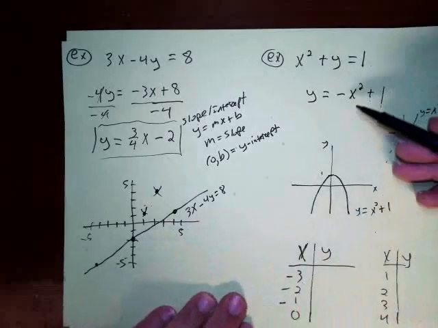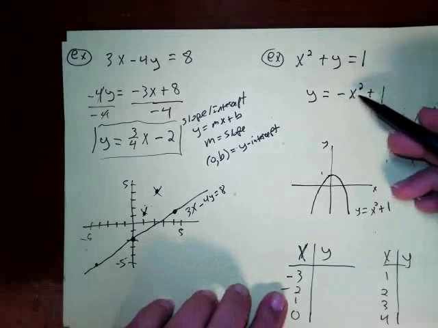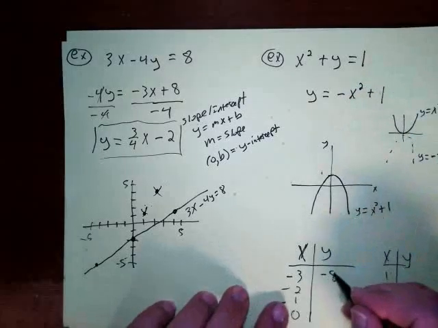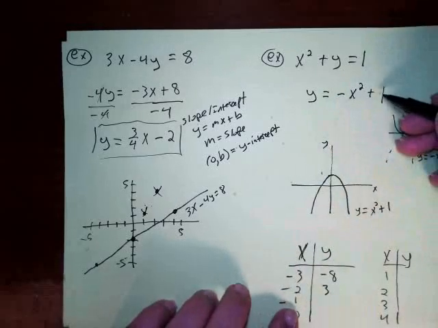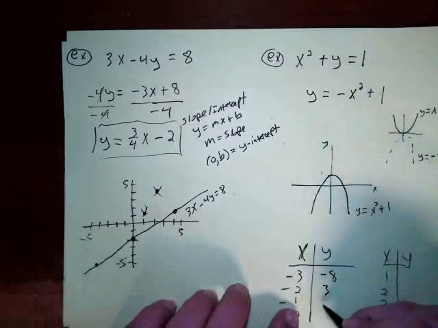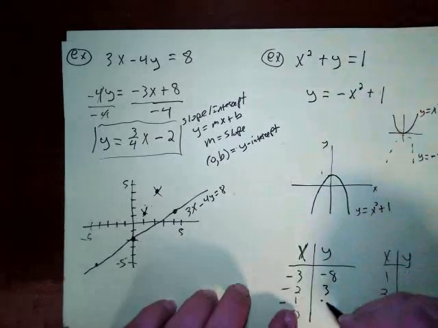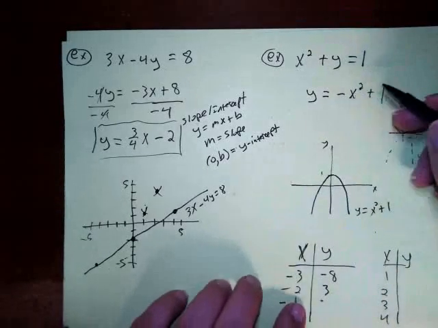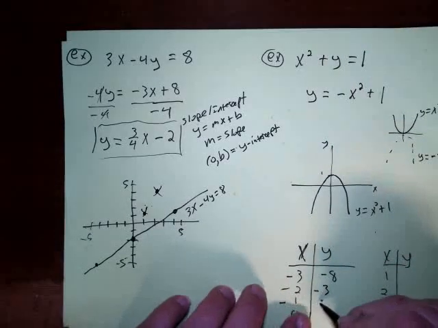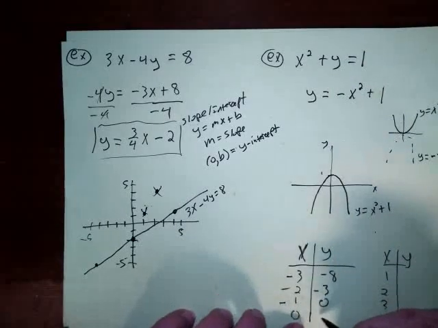So you plug in negative 3 here, and negative 3 squared would be 9. So you get negative 9 plus 1, and that would be negative 8. Negative 2 squared is 4, so this would be negative 4 plus 1, which is negative 3. Then at negative 1, negative 1 squared is 1, so I get 0.